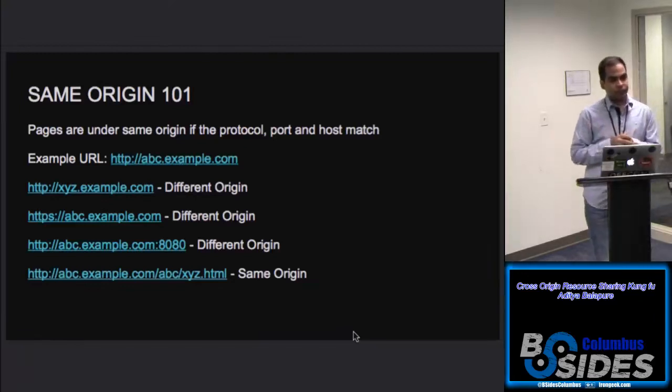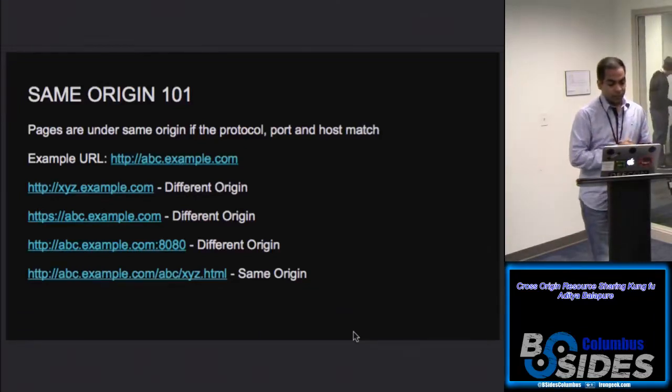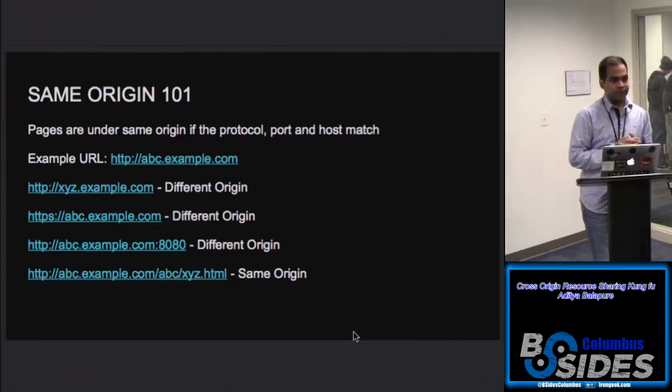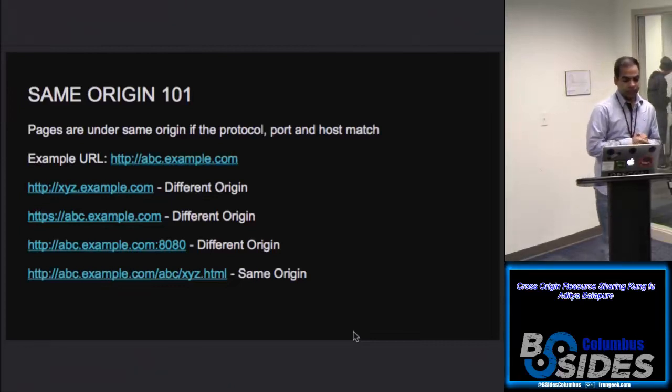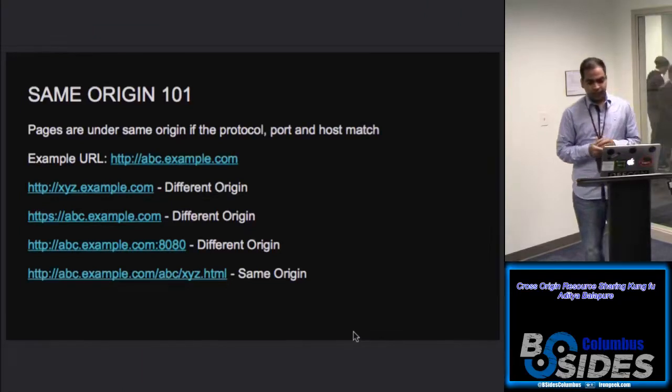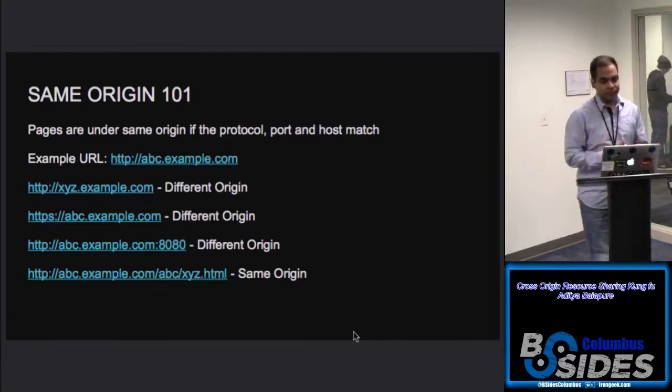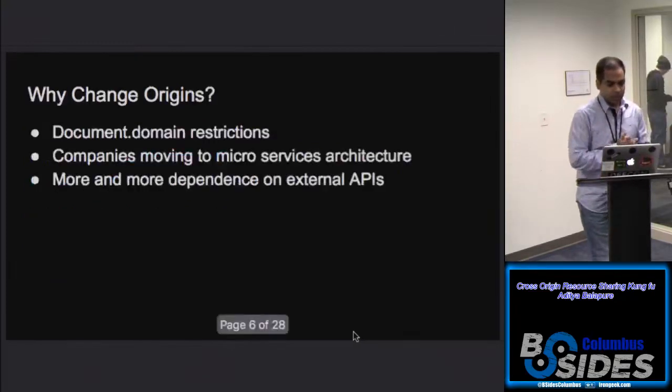A different origin would be a different host, here, as an example, xyz.example.com. Another would be abc.example.com served over a different protocol, let's say HTTPS, or over a different port, 8080. So hopefully everyone understands what exactly same origin and different origin mean.